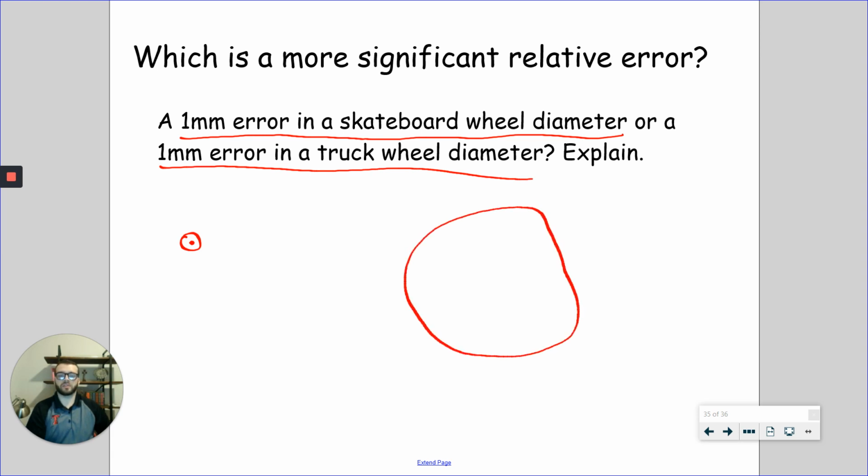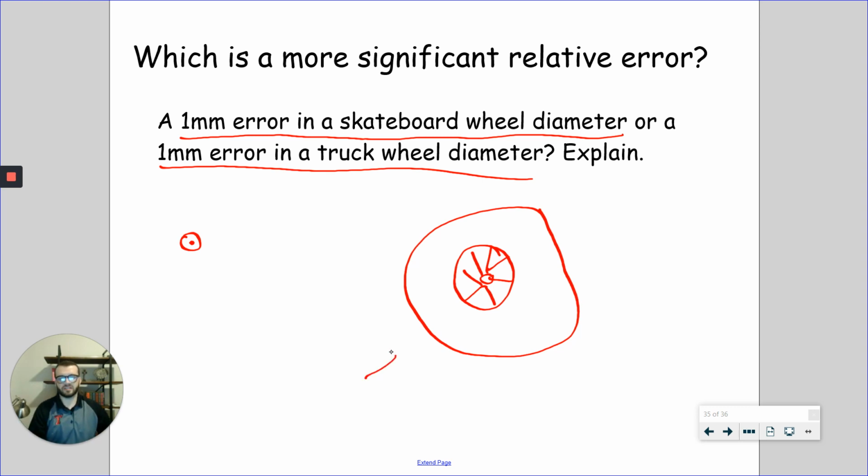Here's your skateboard wheel. There's your truck wheel. Oh, look how perfectly circular that is. And look at that rim, that's cool. It's an awesome tire. If your tire looks like that, please go to a dealership or a mechanic and get it fixed. So which one of those is acceptable?